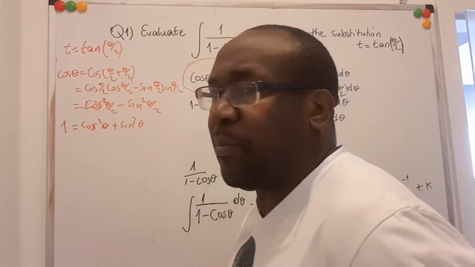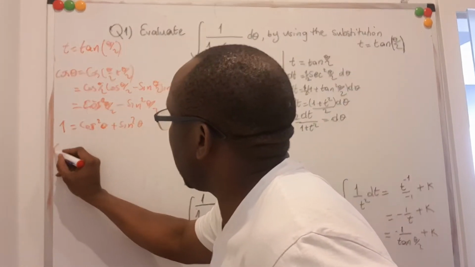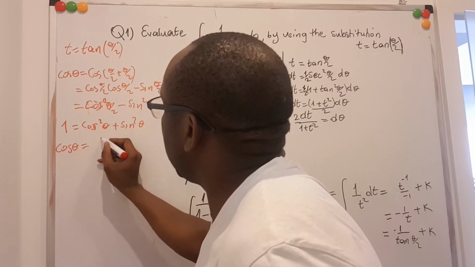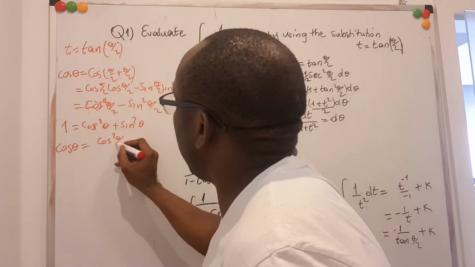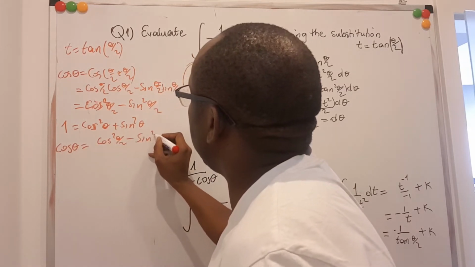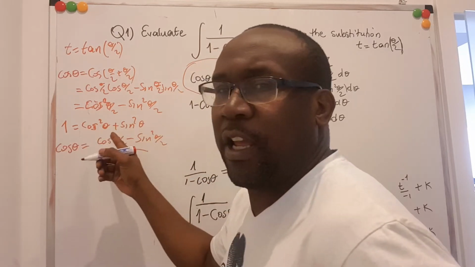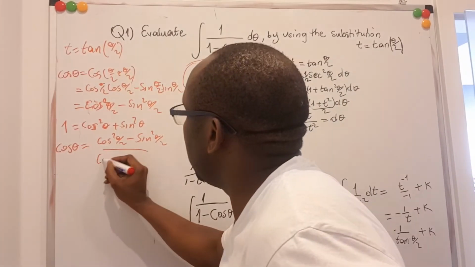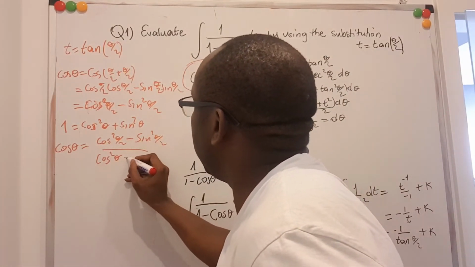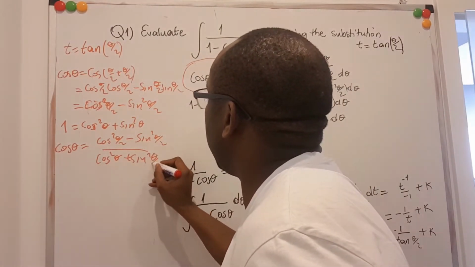If I divide something by 1, it doesn't change. So I can write my cos theta as cos squared(theta/2) minus sine squared(theta/2) divided by 1, but I will put the special version of the 1 that just came out of the salon: cos squared(theta/2) plus sine squared(theta/2).